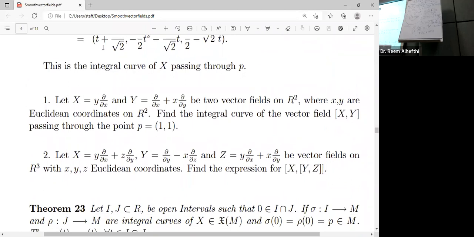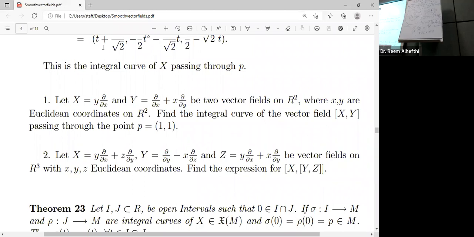Then there are two exercises. In the first exercise, you are given two vector fields. X is y del by del x, and Y is del by del x plus x del by del y. These are two smooth vector fields on R2.